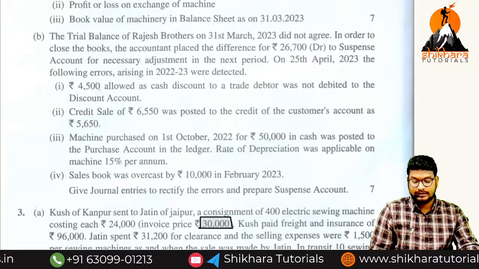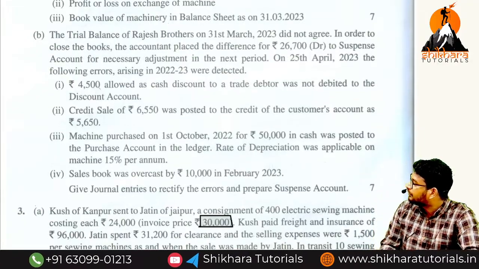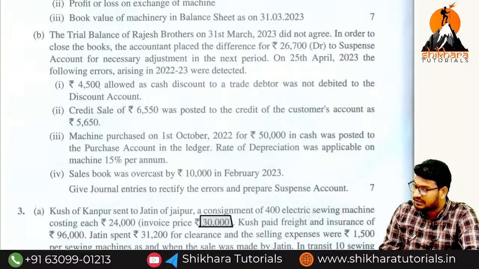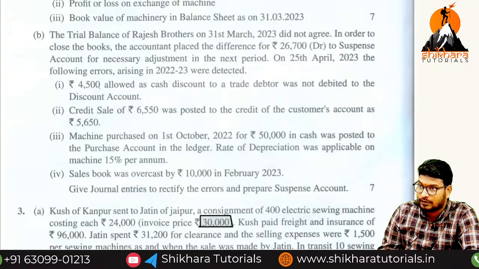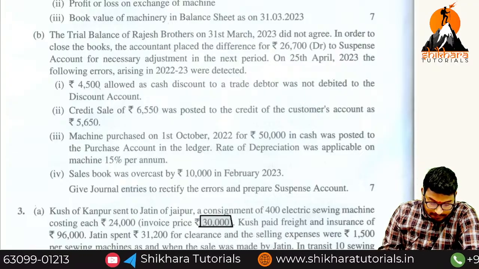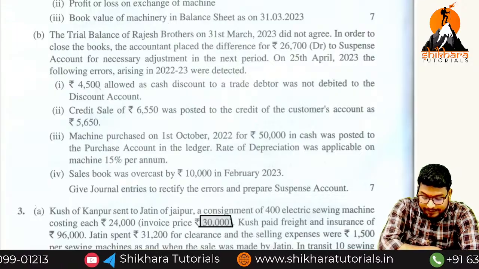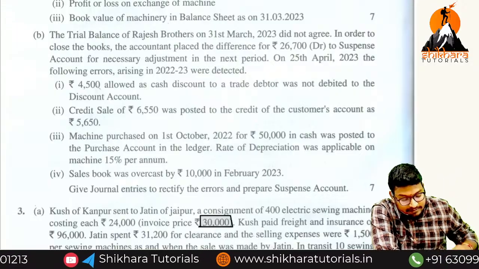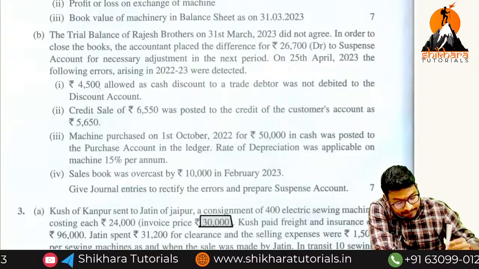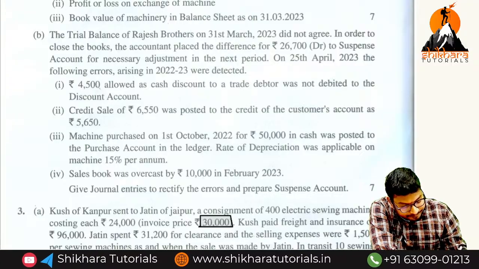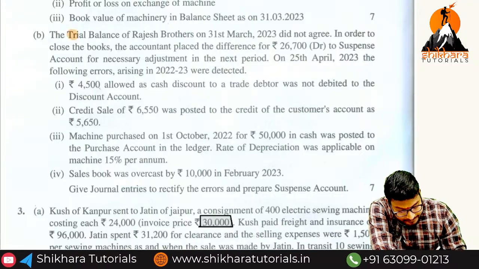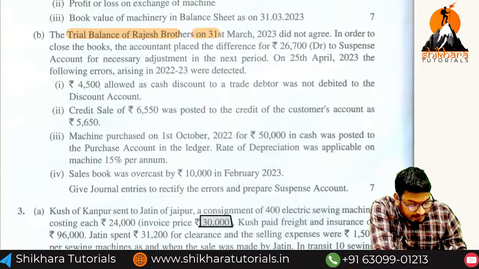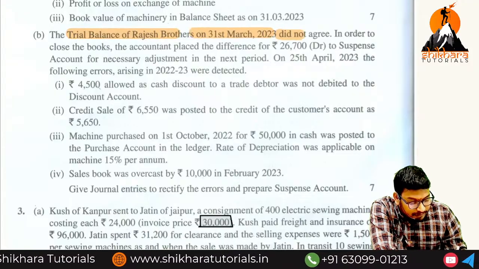So this is the question. Is the question visible to you? Okay. So what they are saying: a trial balance of Rajesh Brothers on the date of 31st March 2023 did not agree.